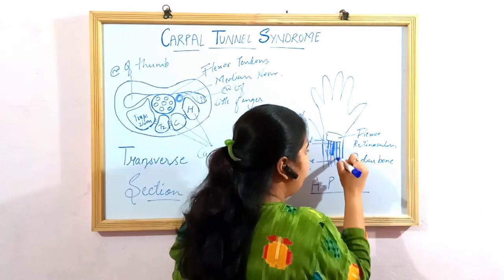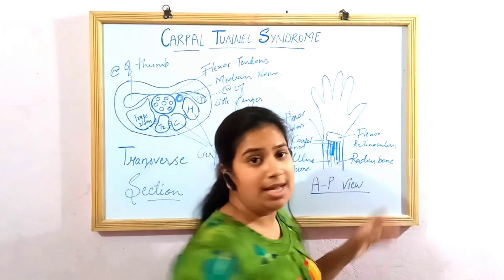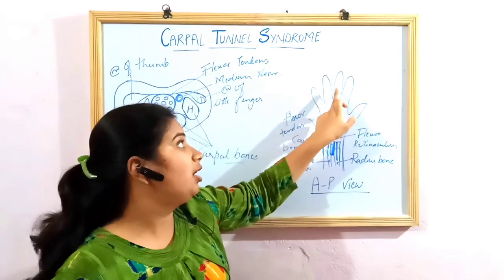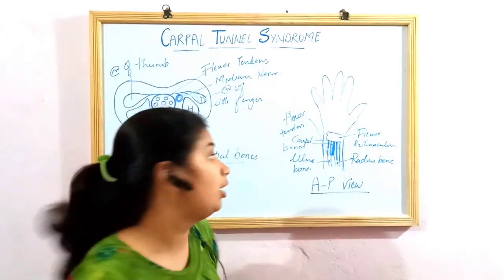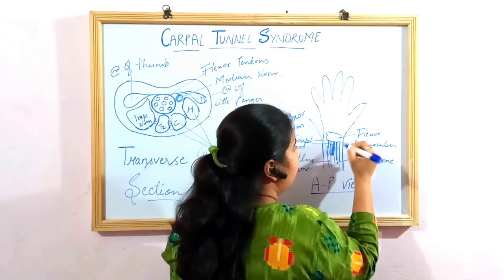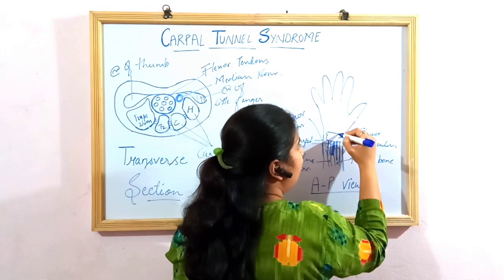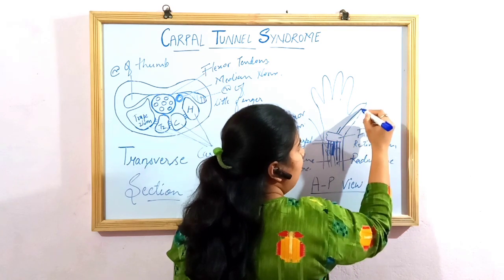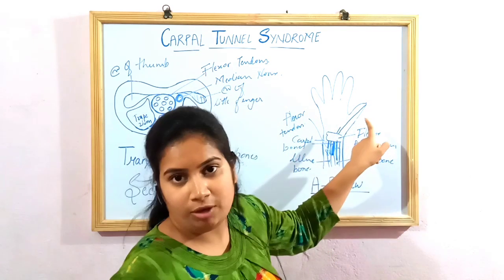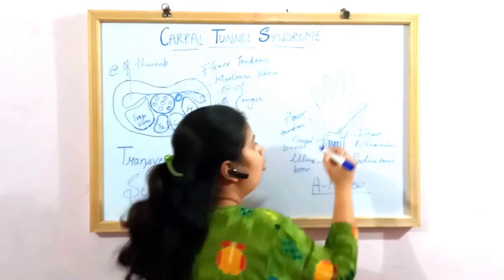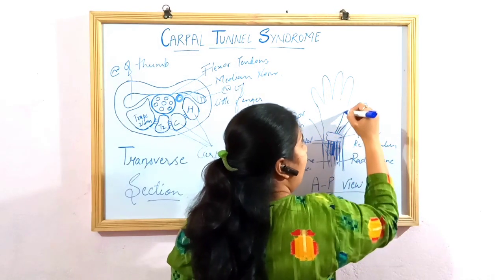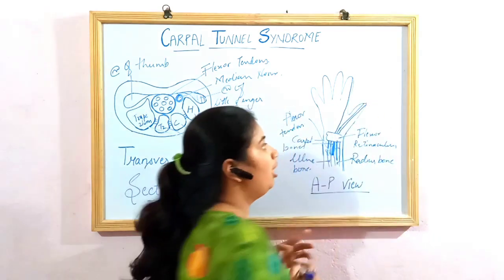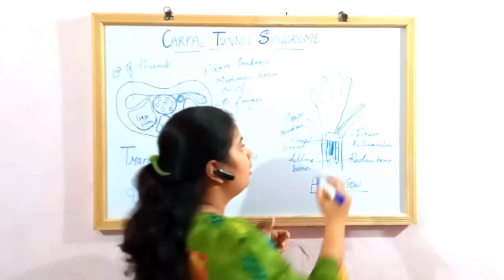And this is your median nerve, which also passes under the flexor retinaculum and supplies the thumb, index finger, middle finger and part of the ring finger. Now see how these branches are spread. When this median nerve comes from here, first one branch supplies your thumb. Another branch supplies part of the index finger and the remaining part of the thumb.